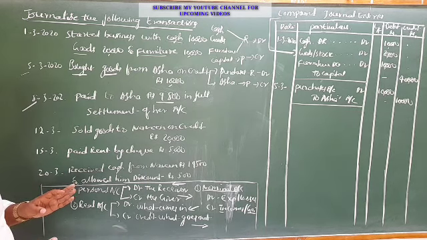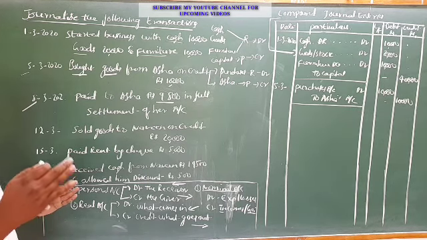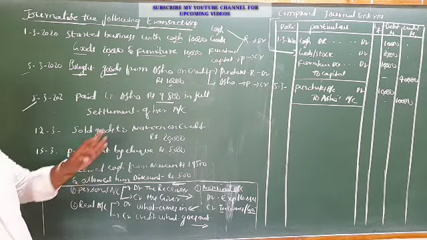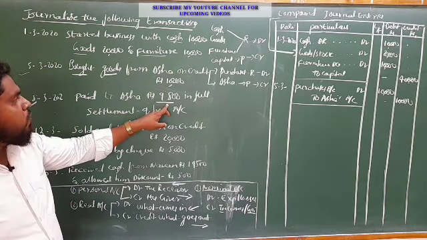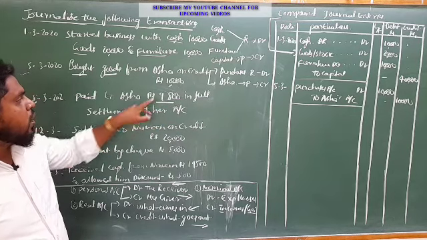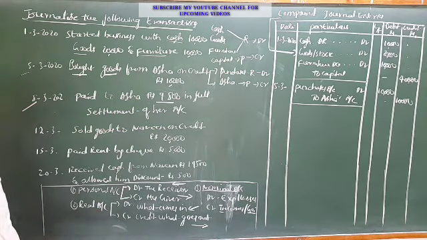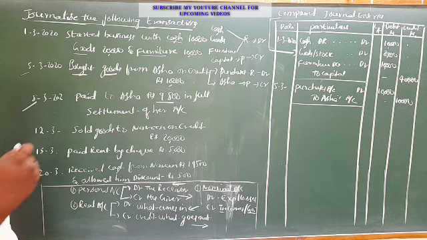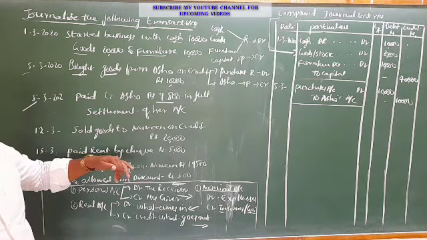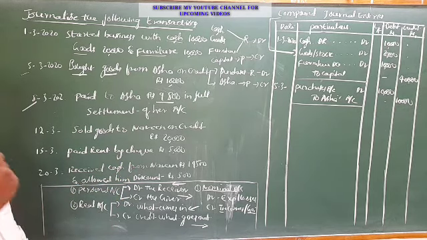So here we paid Asha 9,800 in full settlement out of 10,000. So here we are getting a discount from Asha. We have purchased goods from Asha, so Asha is giving a discount here, that is 200.